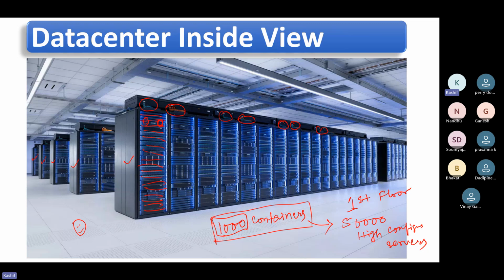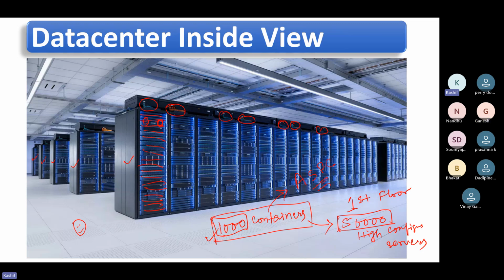Okay. Now the combination of more than 500 or 1,000 servers is called an Azure Service Fabric Cluster. In one Azure Service Fabric cluster, you will have, let's say, 1,000 containers, and in those 1,000 containers, you have like 50,000 high configured servers.